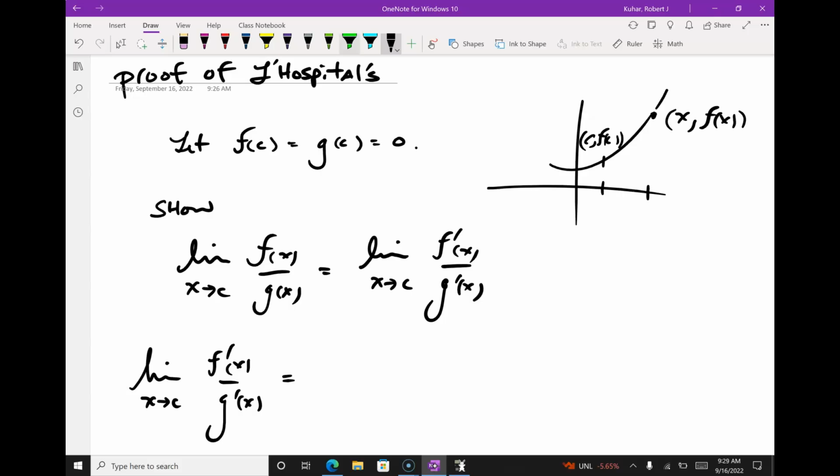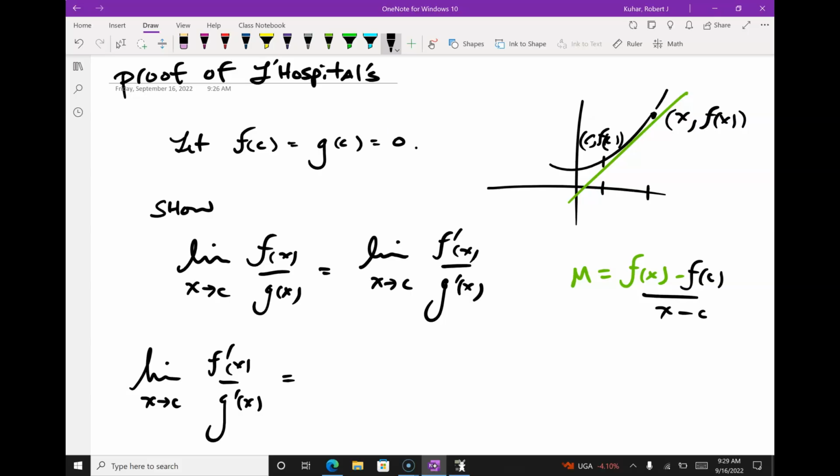It's f of x minus f of c over x minus c.